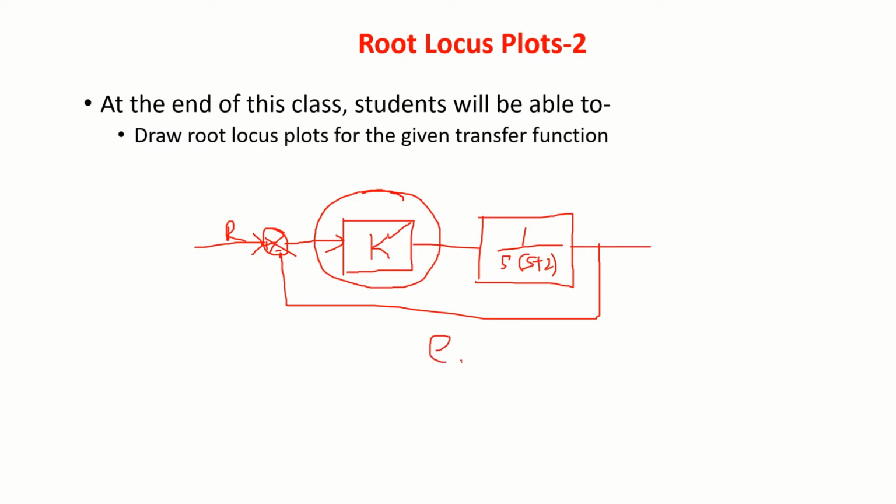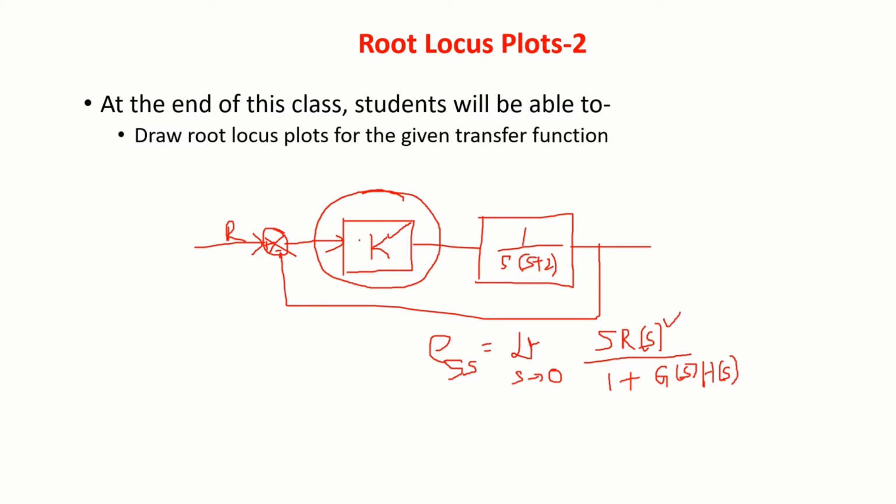Also, at that point, steady state error is limit S tending to 0, S R of S divided by 1 plus G of S H of S. So for a given type of input, R of S is known.